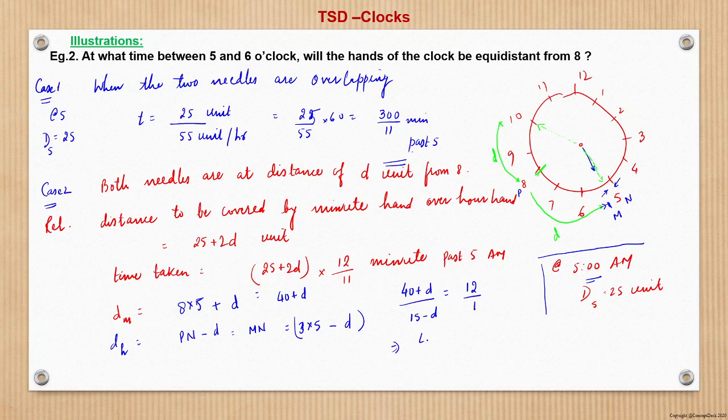We get 40 plus d is 180 minus 12d, and d is nothing but 140 upon 13. Now we will substitute d in the main equation and we will find the time.